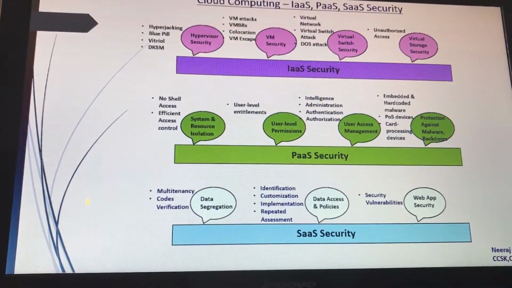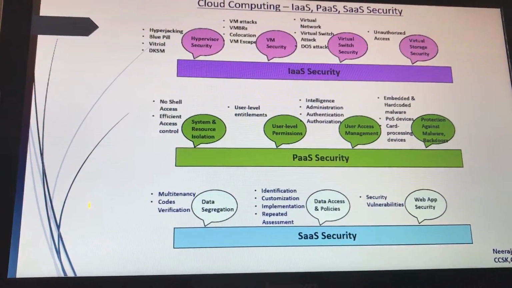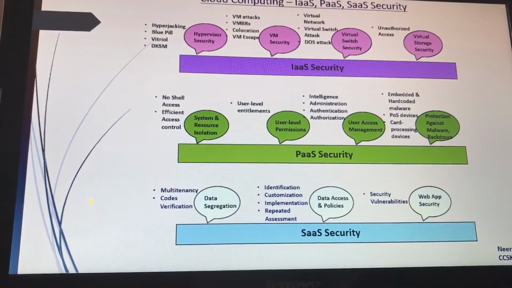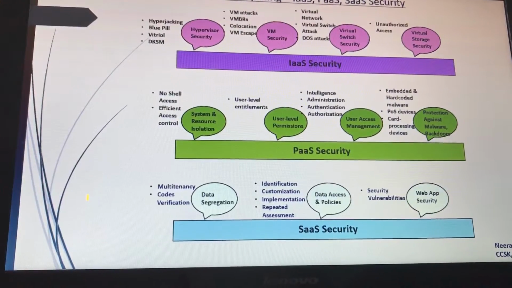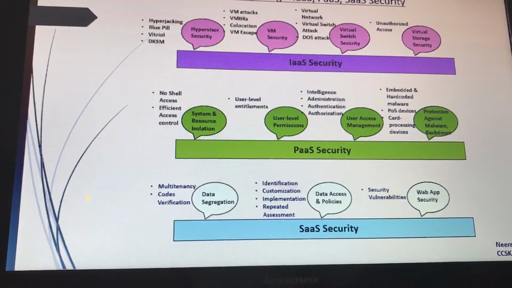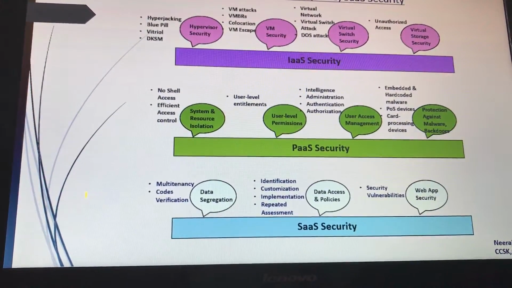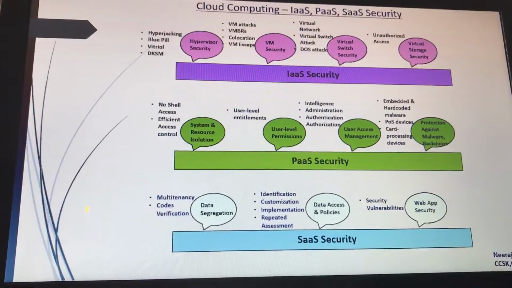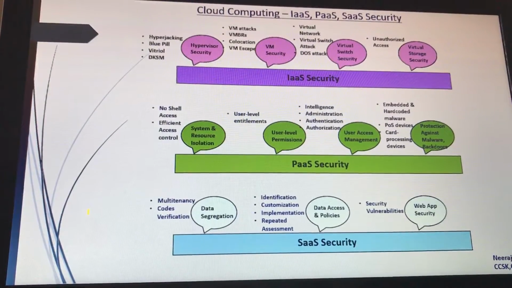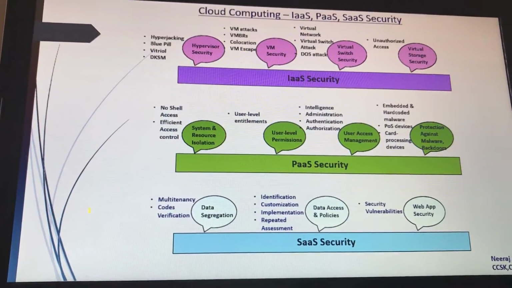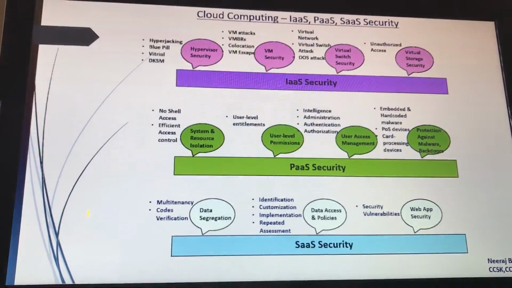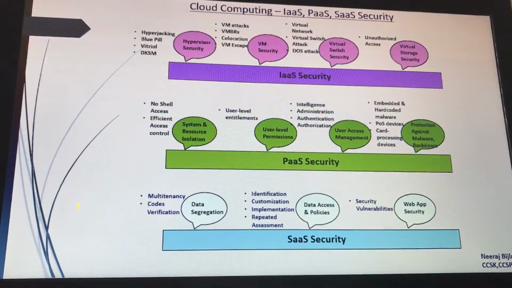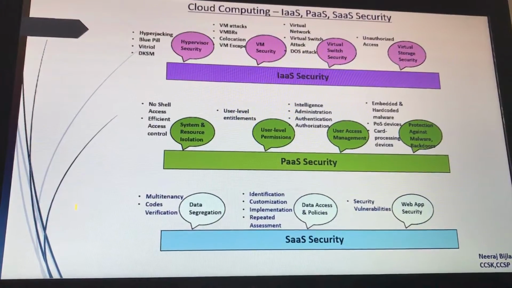All these four major components of underlying infrastructure are what CSPs, IaaS providers like Amazon and Azure, provide to their customers. So we need to make sure that hypervisor, VMs, switch, network, storage, everything is secure from these major attacks. So let's start with the hypervisor security attacks.